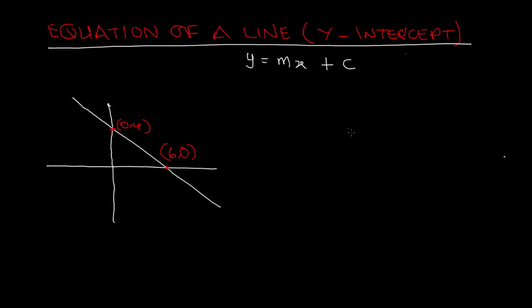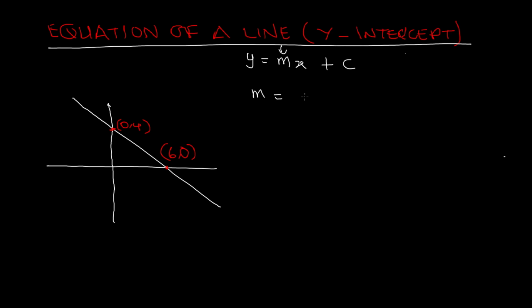So we're trying to get the equation of this line here. What are we seeing here? Once I'm done, one of the checkpoints I'll have is to make sure that my gradient is negative. So the first thing we do is calculate the gradient. How are we going to calculate it?